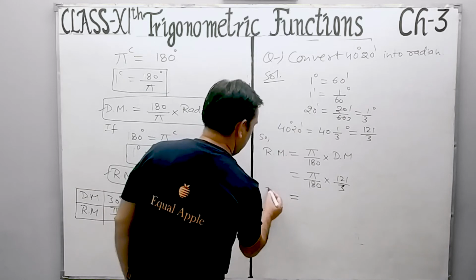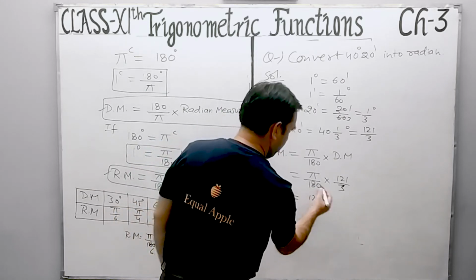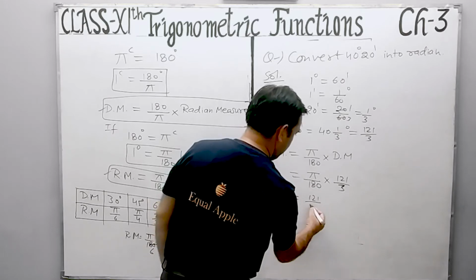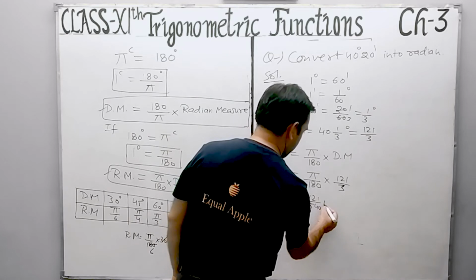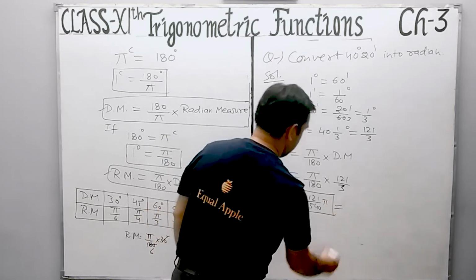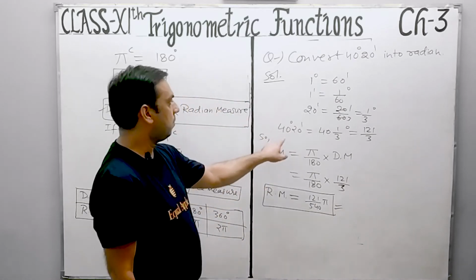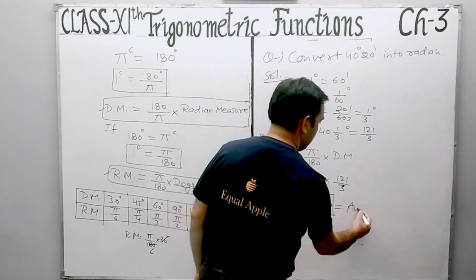So in radian measure the value will be 121 upon 540 pi. So this is the conversion of this 40 degree 20 minute into radian measure, right?